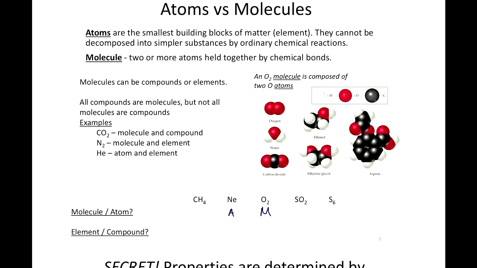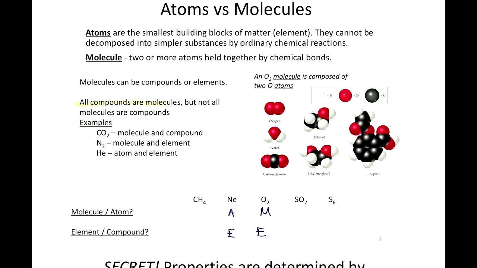But where neon and oxygen are similar is that both of them are elements, all right, because neon's on the periodic table, oxygen's on the periodic table. It's just how they exist in our world are a little bit different. Neon is an atom, oxygen is a diatomic molecule. And so the point of this slide is, I just want to be really clear of my terminology.